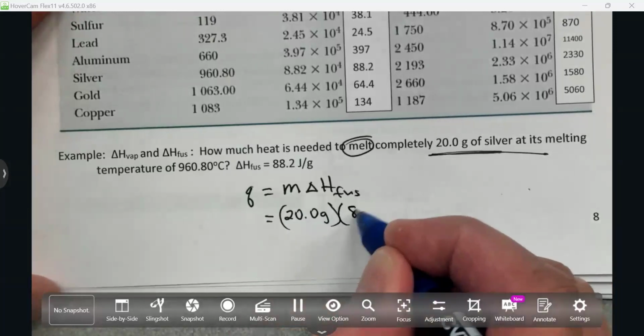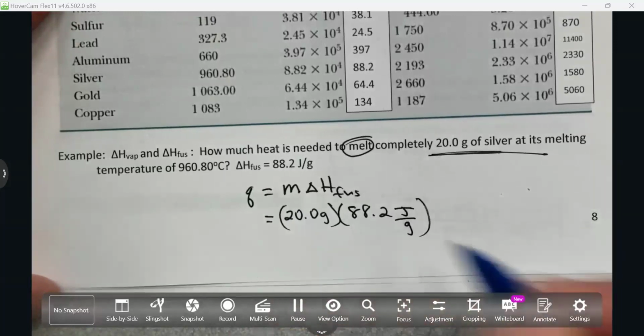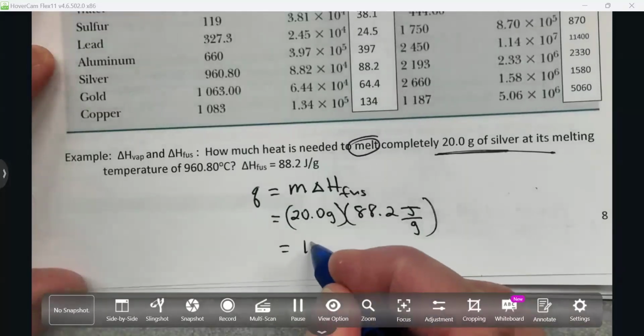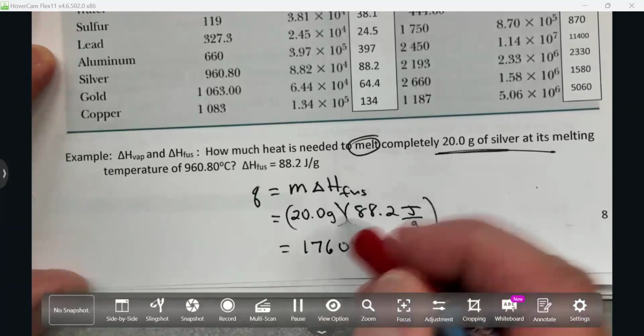And my enthalpy of fusion is 88.2 joules per gram. So 880 to 1764, I think, if my brain's working. 1764, or if we did sig figs, 1760.